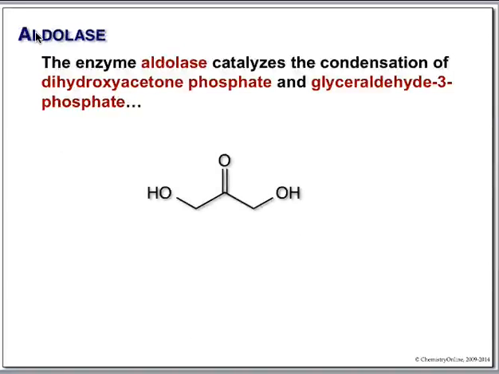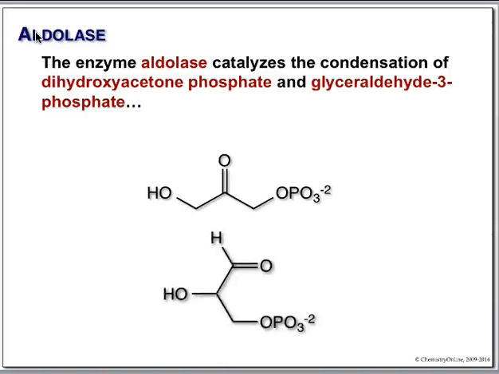This is dihydroxyacetone. Acetone in the middle, two hydroxy groups. Dihydroxyacetone phosphate. We simply stick a phosphate on one of them. Glyceraldehyde. Glyceraldehyde is a 3-carbon aldehyde. We put a phosphate down here.